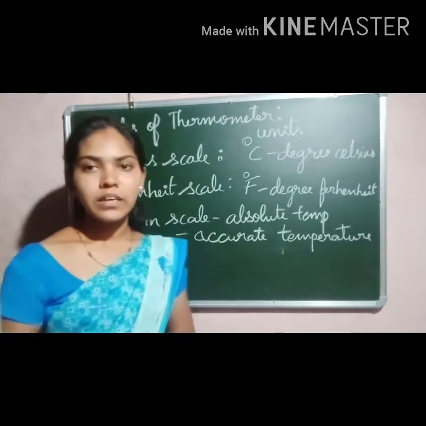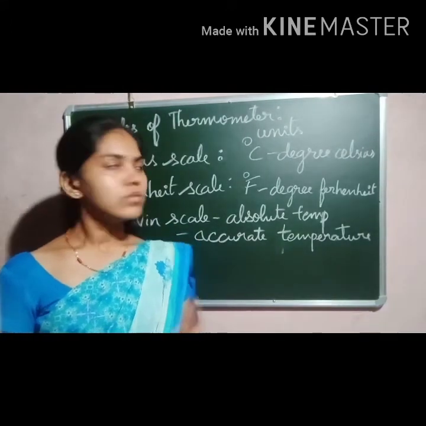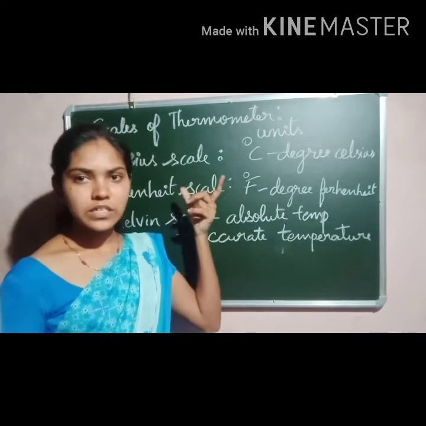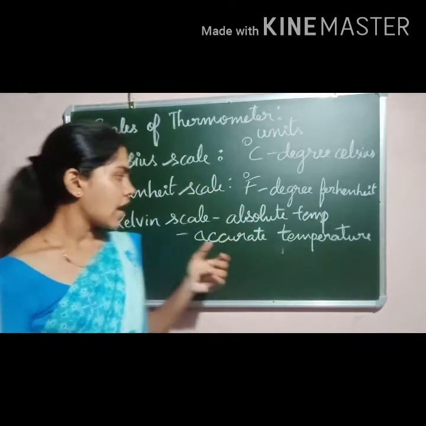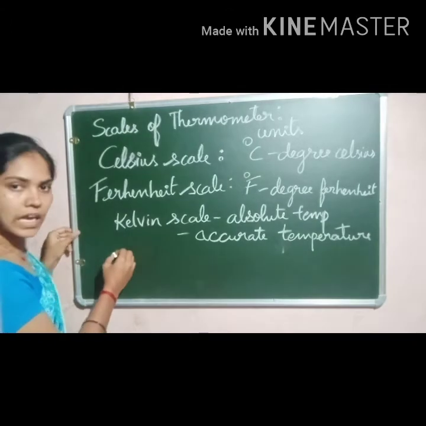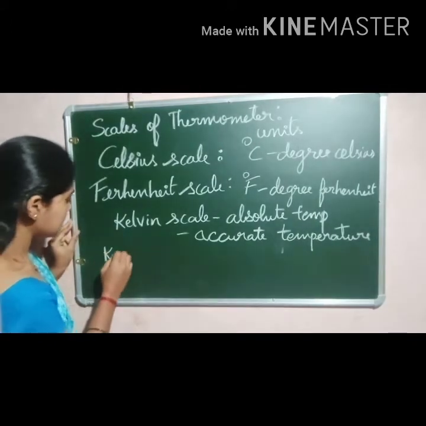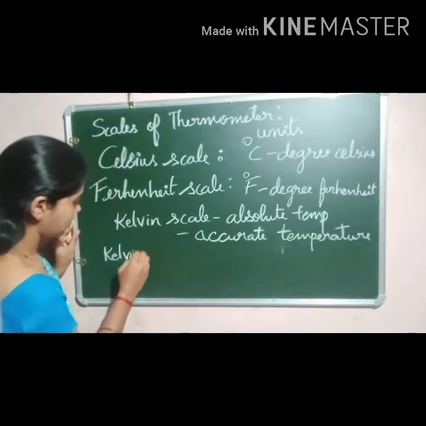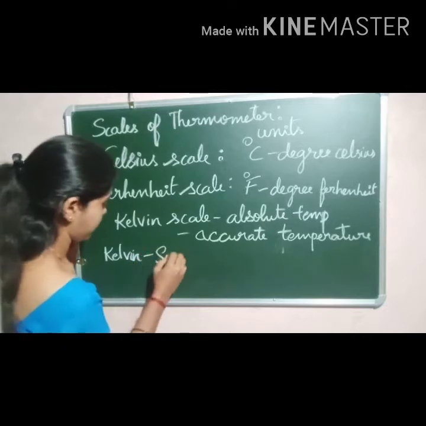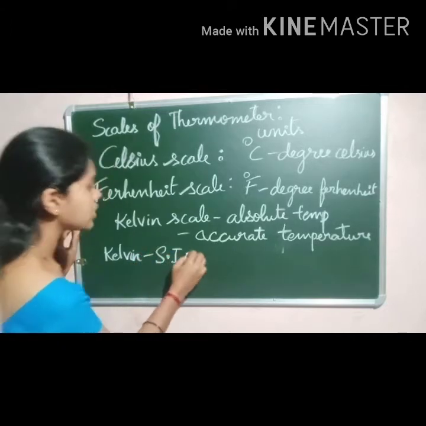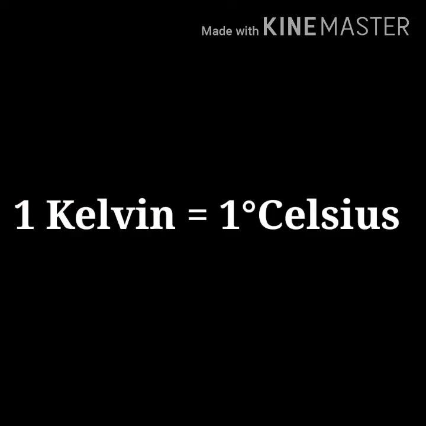Then in India, we use the Celsius scale to measure the temperature of an object. And Kelvin is the standard unit of temperature, the SI unit of temperature. Here 1 Kelvin is equal to 1 degree Celsius.